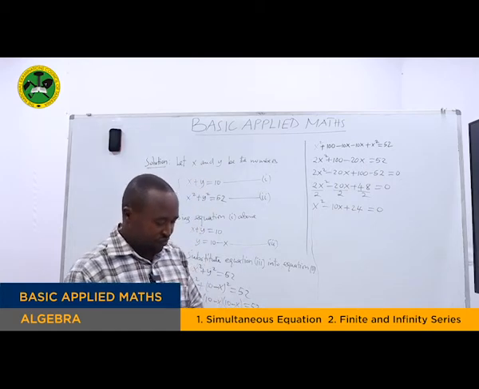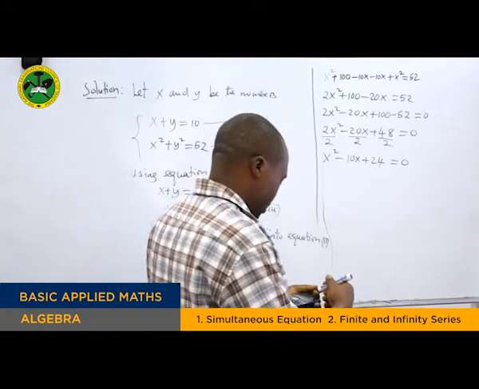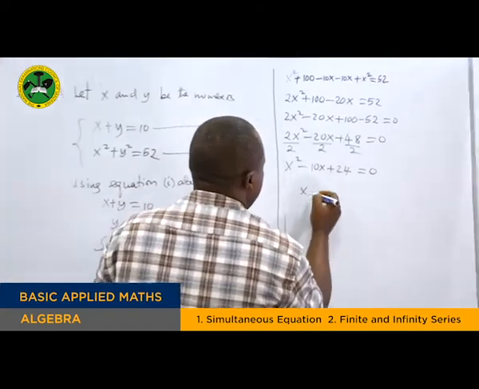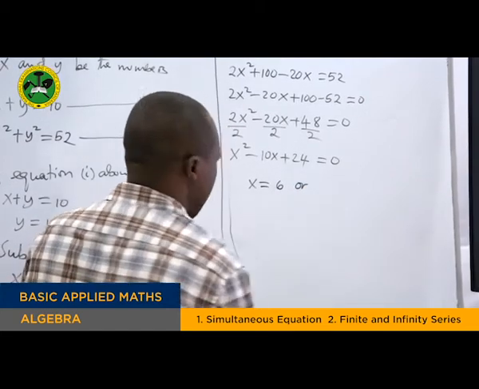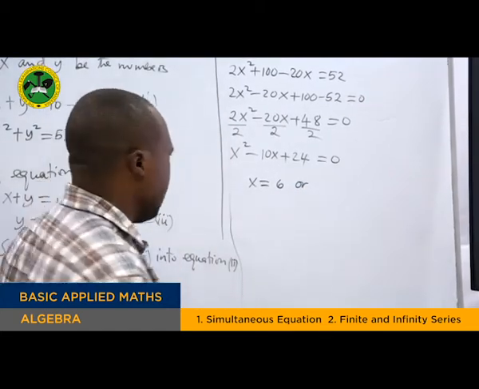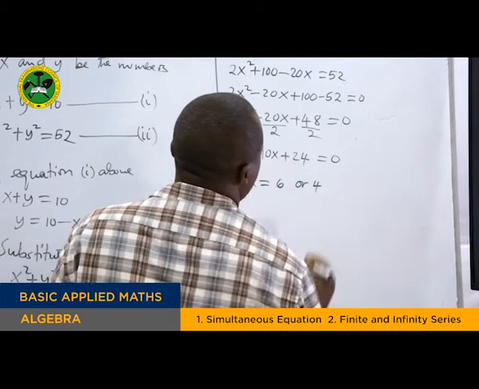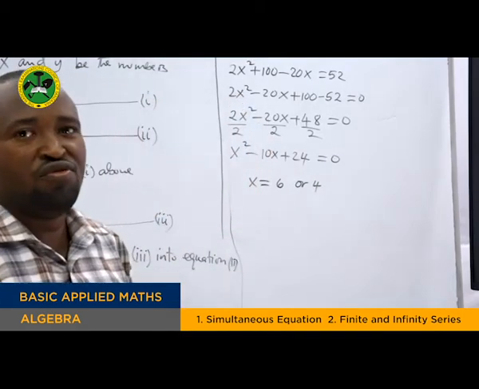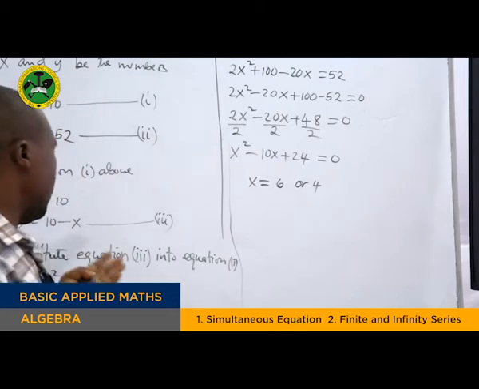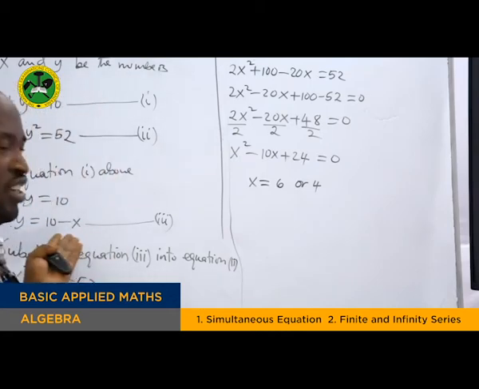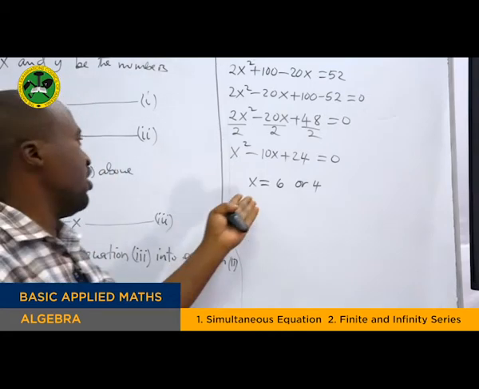Now, the answers are, so x is equal to 6, or we have the second value of x, which is equal to 4. We have two values of x. Now, my dear student, we can use equation 3 to find the possible values of y, because now we have values of x.